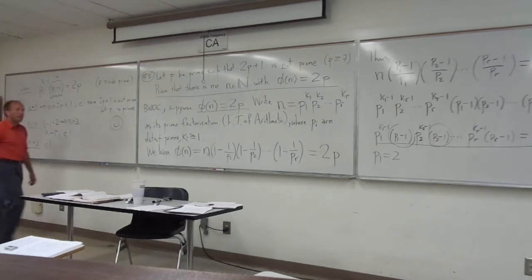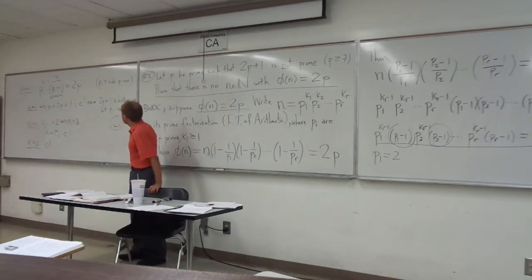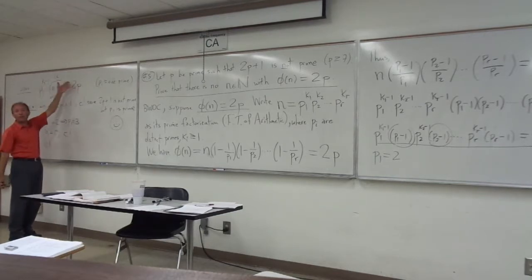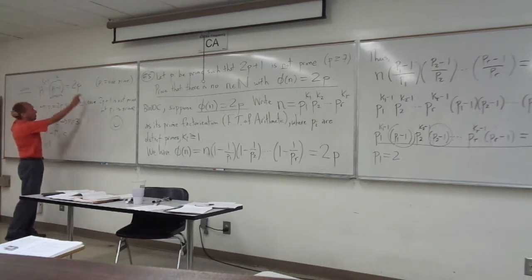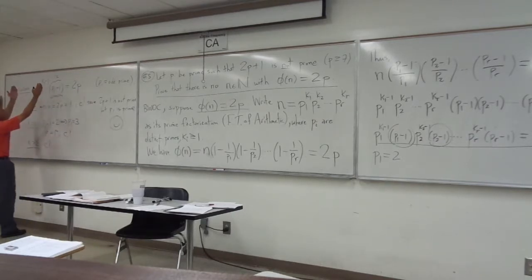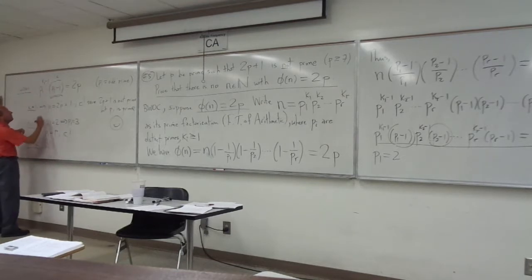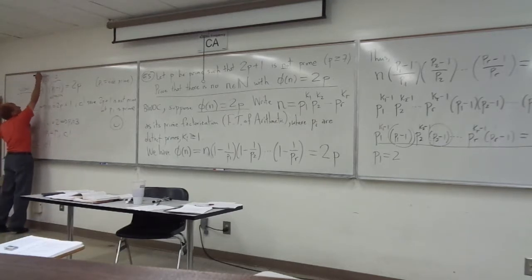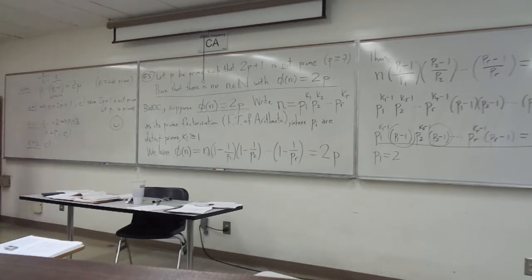Why is P1 equal to P? Well, you've got a factor of P in the prime factorization here, so both sides have to have a factor of P in them. If there's a factor of P on this side, there has to be a factor of P on this side, but we've already said that this is just 2. Basically, you're just matching up. This has to be 2, so then this thing has to be P to make it come out to 2P.